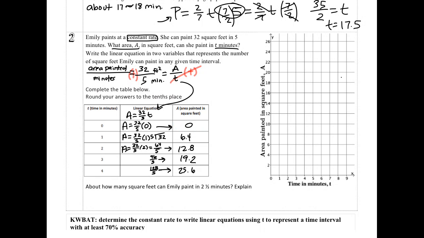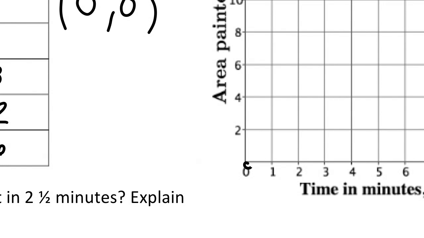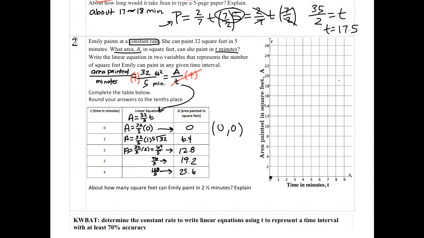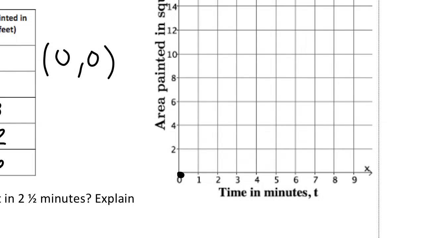So our first point is this point here, which is 0, 0, which is right down here. So I'll put a dot there. Our next one is 1 and then 6.4. So I'm going to go to 1. You'll see here, pay attention, they're counting by 2's. So if I wanted to count, it'd actually be 1, 2, 3, 4, 5, 6, 7, 8.